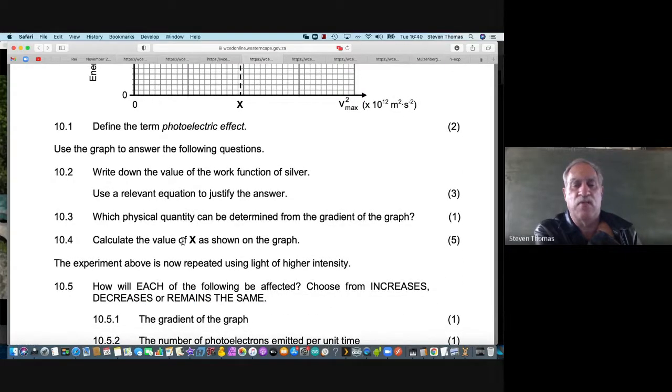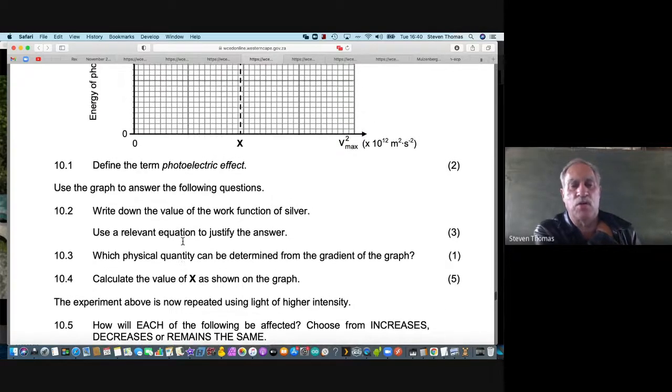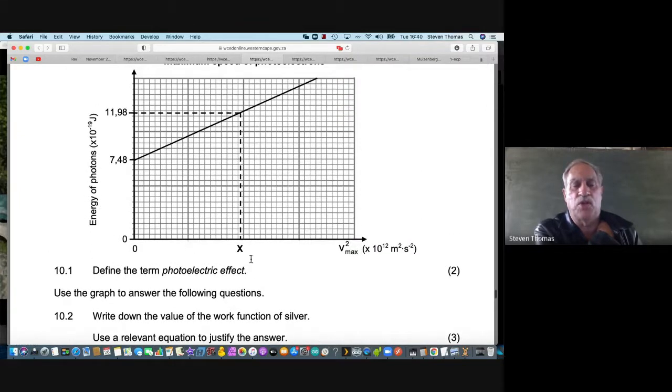Calculate the value of x as shown on the graph. So here we've got to calculate the velocity if we have that amount of energy. So it looks like here's your work function, all of the rest of this. So if you subtract that from that, and don't forget to use those times 10 to the minus 19, the difference, all of that goes into a half mv squared. And they're asking you to calculate the v squared.